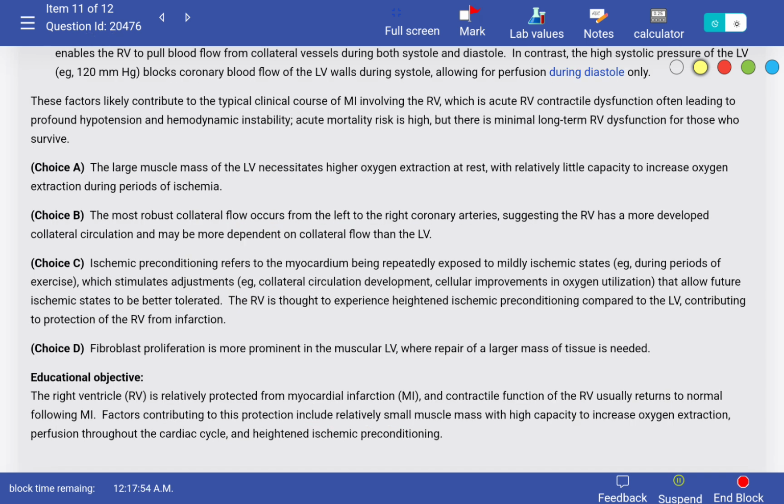So these factors likely contribute to the typical clinical course of MI involving the right ventricle, which is acute right ventricular contractile dysfunction, often leading to profound hypotension and hemodynamic instability. Acute mortality risk is high, but there is minimal long-term right ventricular dysfunction for those who survive.